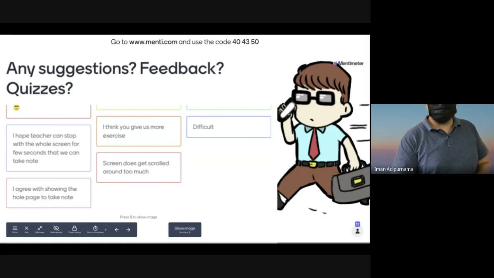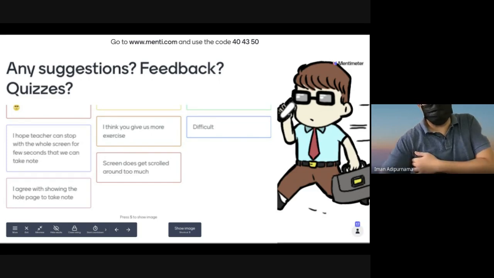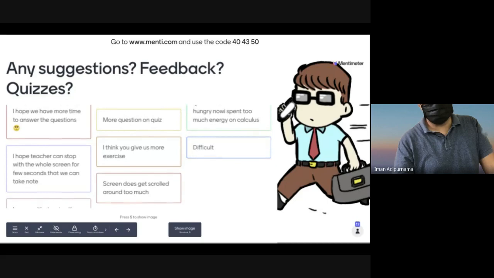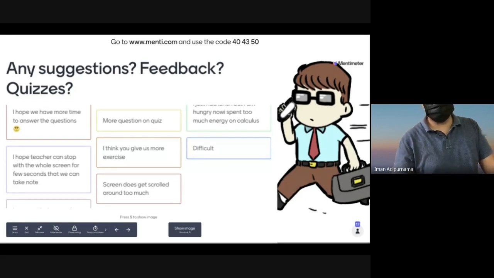I will give you maybe a few minutes to check the screen and make sure that you get the notes. I'm planning to give you exercises, and then the key answers also.